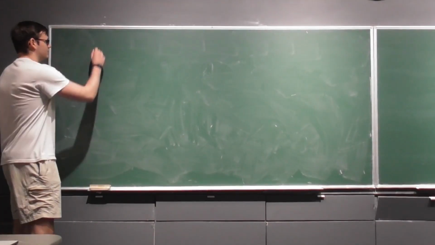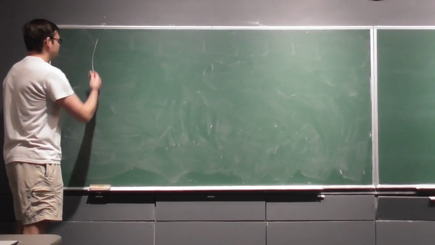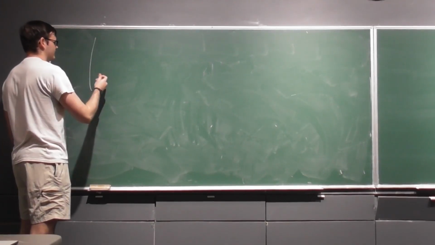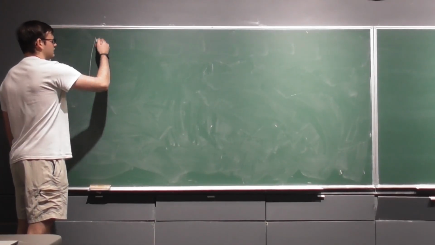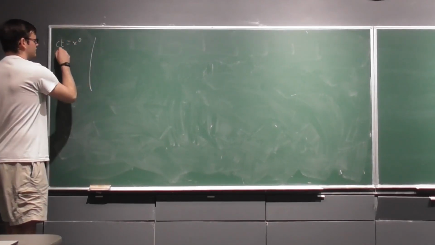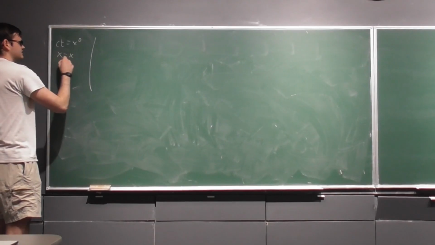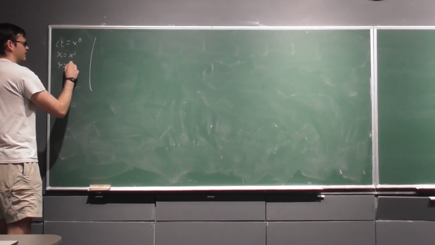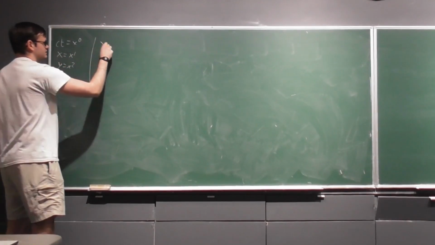I'm going to do another notation simplification: ct is x0, x is x1, y is x2, and so on.